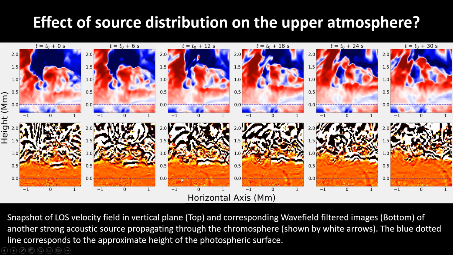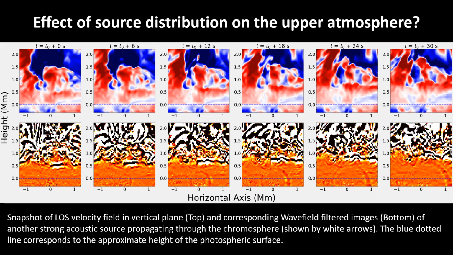So the acoustic source was born right below the photosphere, and it is propagating upward into the chromosphere, right? Now, as it is going upward into the chromosphere, it is going through a higher sound speed atmosphere. So we had to adjust the filtration technique. We did it for the first 500 kilometers or so, and after that, we did not do it anymore.